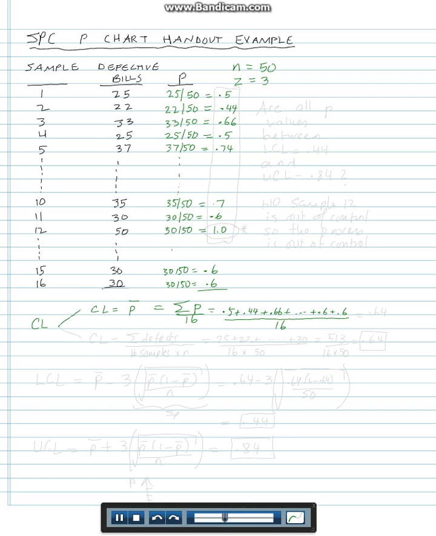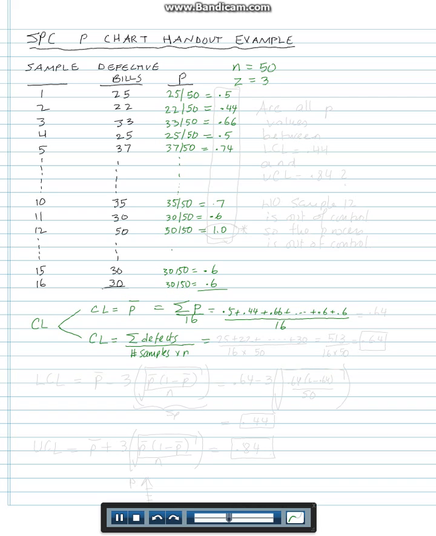We can do it this way, but if all we care about is the CL value, we can do it in another way, which is the sum of the defects over all the samples divided by the number of samples multiplied by the sample size n.